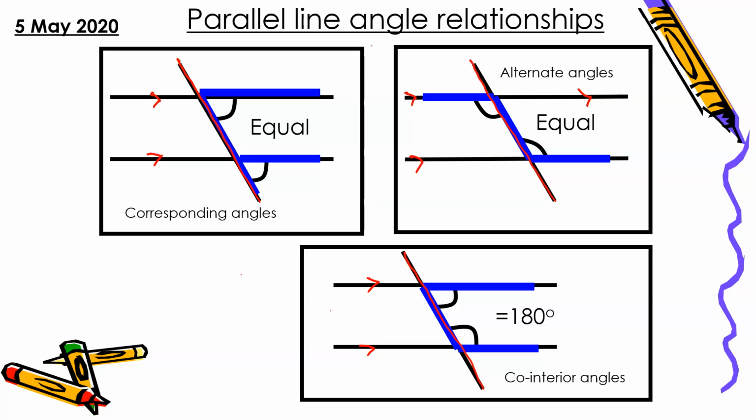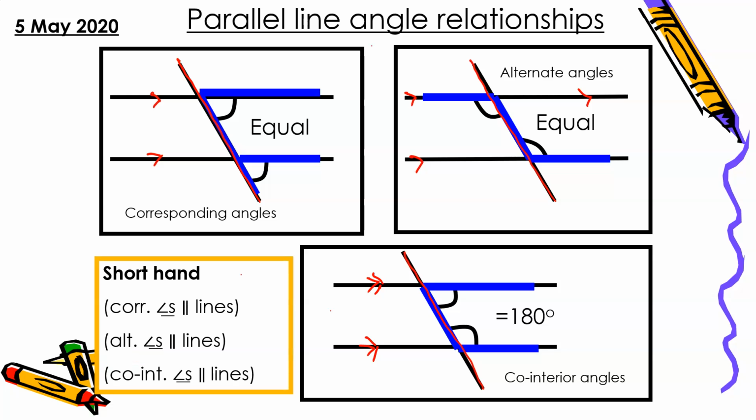And if you've got more than one set of parallel lines, they'll signify that with a double arrow for the second one. So that's a few bits and pieces to talk about the notation and things like that. The other thing is the shorthand for talking about corresponding angles of parallel lines, alternate angles of parallel lines, and co-interior angles of parallel lines. The shorthand is what you can see in that yellow box.